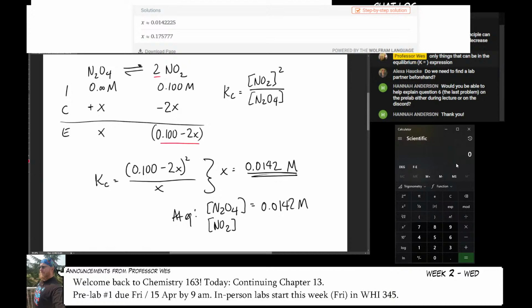So we'll type that in here in the calculator. So 0.1 minus 2 times what we just got for x, which was 0.0142. And I get 0.0716. And there we go. That's our equilibrium concentrations.